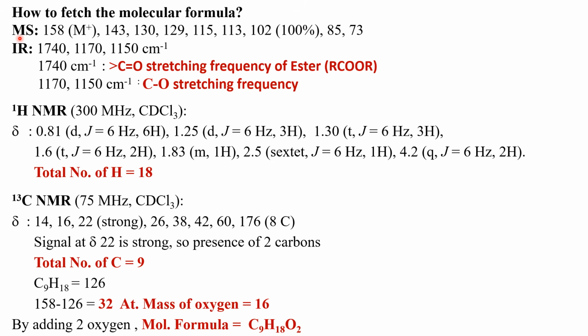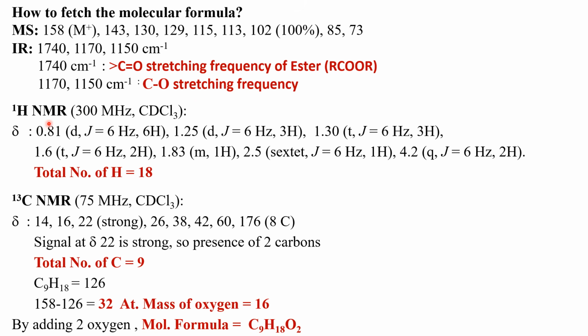In the mass spectrum, the molecular ion peak appears at m/z 158. The IR spectrum shows absorption at 1740 cm⁻¹, which indicates the carbonyl stretching frequency of an ester. 1170 and 1150 cm⁻¹ indicate the C-O stretching frequency.